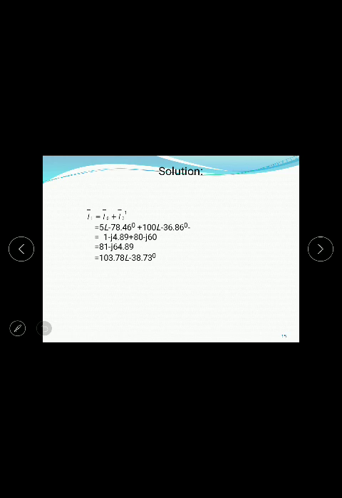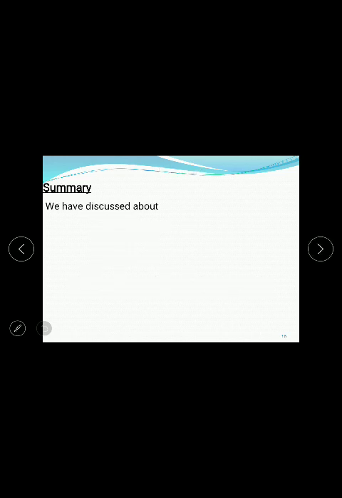So here 1 minus j4.89 plus 80 minus j60, that is 81 minus j64.89, that is equal to 103.78 angle of minus 38.73. So therefore, the magnitude of the primary current is 103.78 amps and its power factor is cos 38.73 degrees, that is 0.78 lagging.